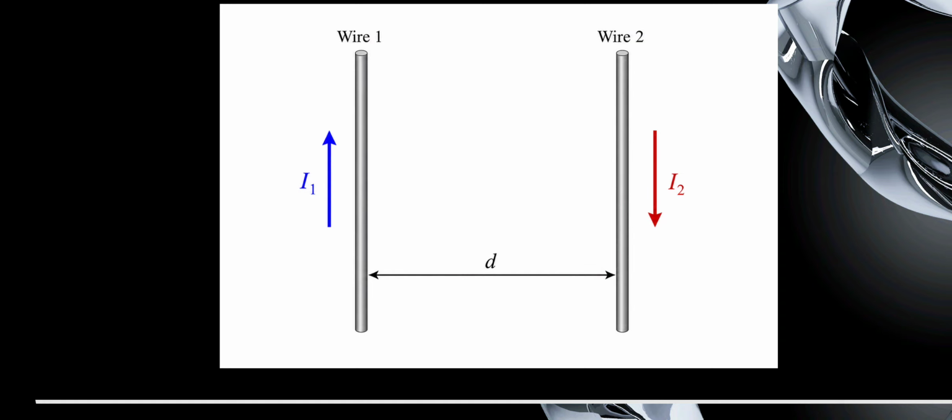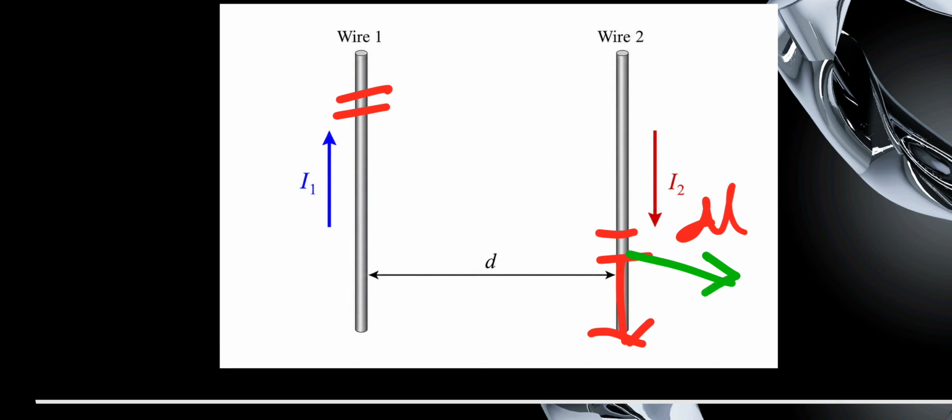When current flows in the opposite direction, here is the element dl, so I2 dl has the direction here, and obviously the magnetic field due to this current I1 is in this direction. So using Maxwell's screw rule, we get the direction of the force along this. So obviously they will repel each other.